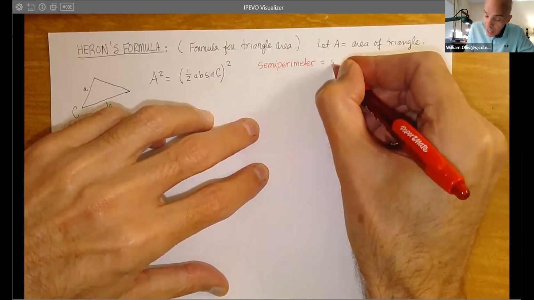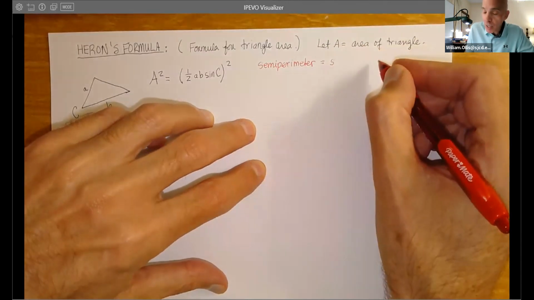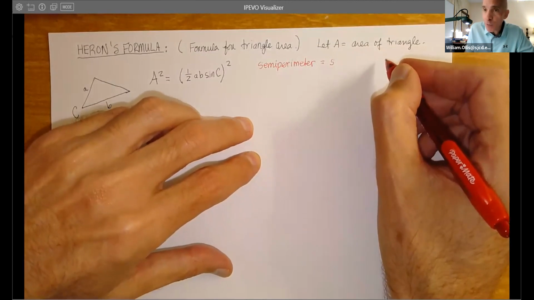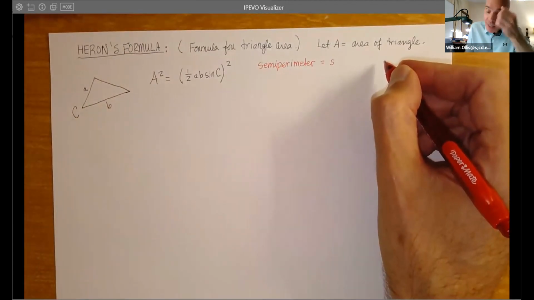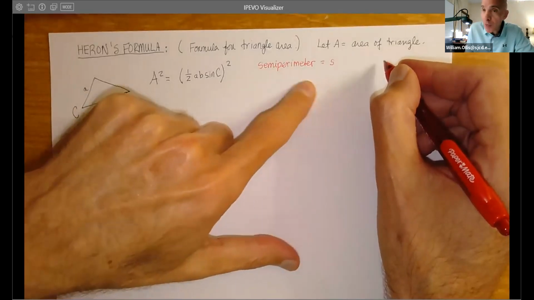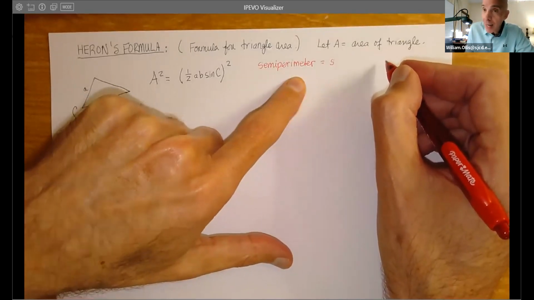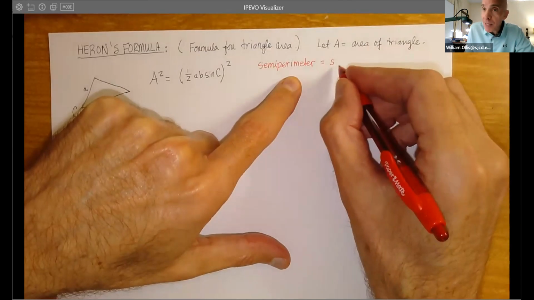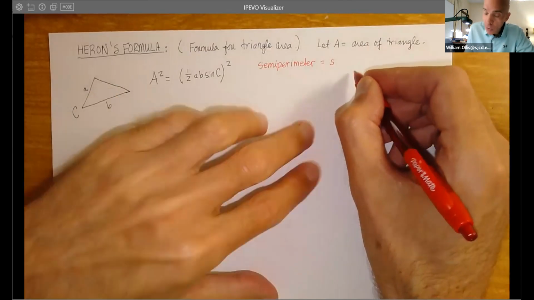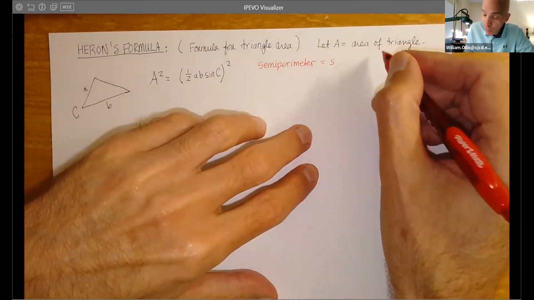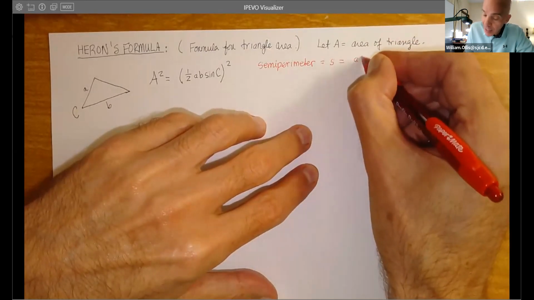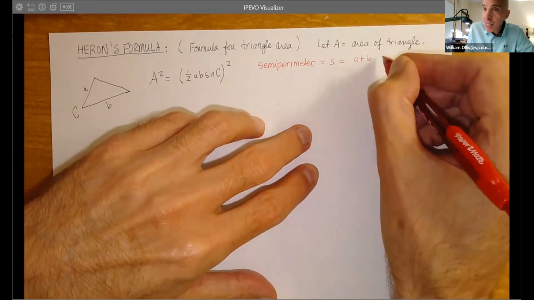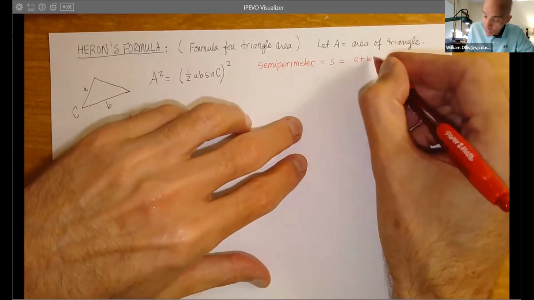We use S for arc length, but we're just going to use lowercase s for semi-perimeter. Always remember the context. This will not be the arc length. If you're thinking about a triangle and area, then this s will be the semi-perimeter. If you want to call it something else, that's fine. You add the lengths of the sides, and the semi part means you divide by 2.